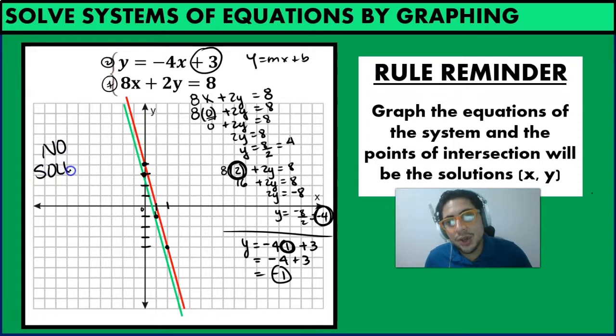So we're going to have no solutions in this problem, right? Because the two graphs of the two linear functions that we have here are not going to touch. Okay, guys? So remember, you choose your first equation and you graph 2 points, draw your line. The second one, 2 points, draw your line. And if they don't touch, then that means that for that system of equations, you're going to have no solutions.